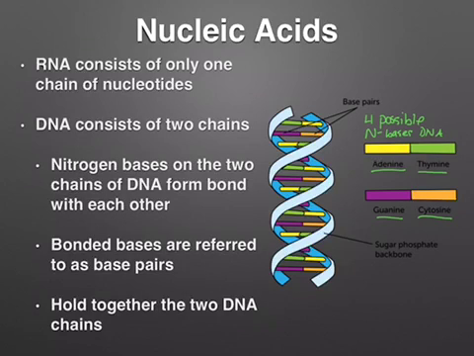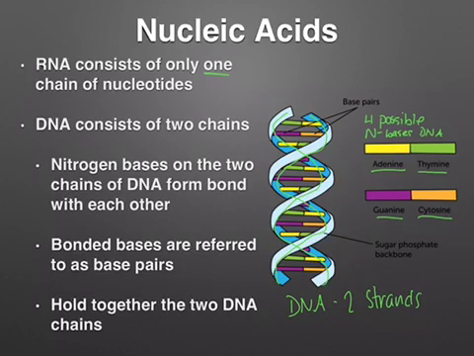When we look at comparing our nucleic acids of DNA and RNA, you will find that instead of 2 chains, so this one has 2 blue chains, that's an image of DNA. DNA has 2 strands, where RNA will only have 1 chain or 1 strand.